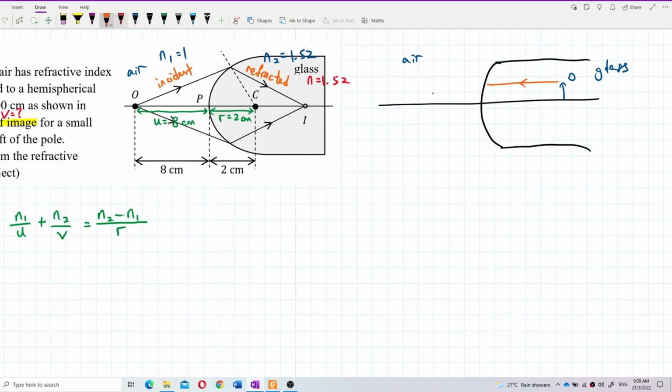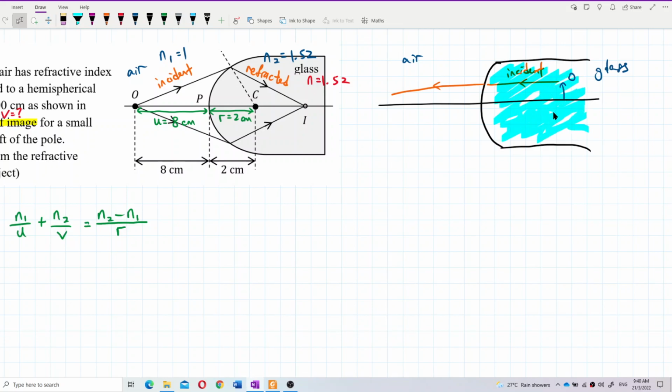The light can pass through, so the light coming from the object is the incident ray, and the light goes to the other side because of refraction. Remember, this is the glass.